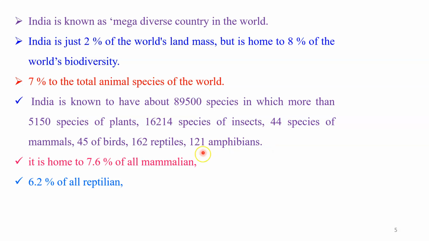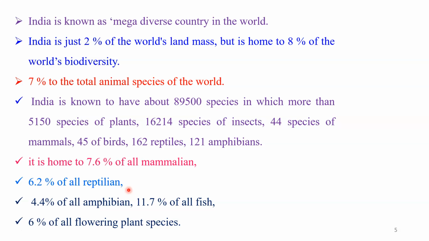And one thing is also very important. Out of 100, in India we have 7.6% of all mammals. So this is another important feature with respect to biodiversity in India. Out of 100, 6.2% of all reptiles we observe in India, and 4% of all amphibians, 11.7% of all fish, and 6% of flowering plant species.